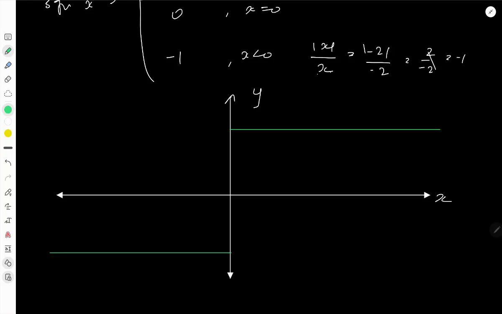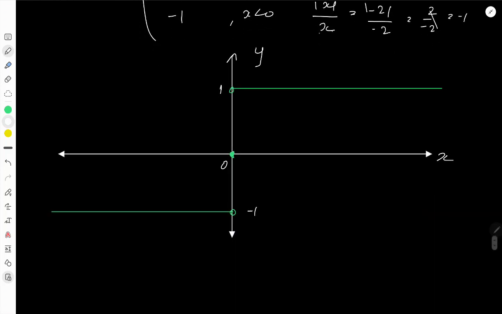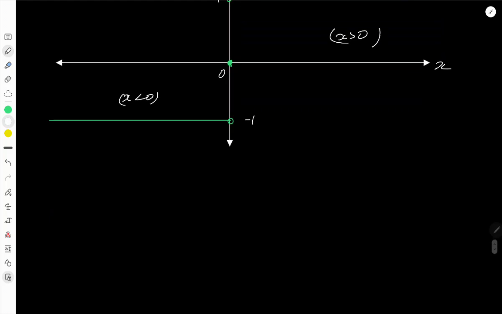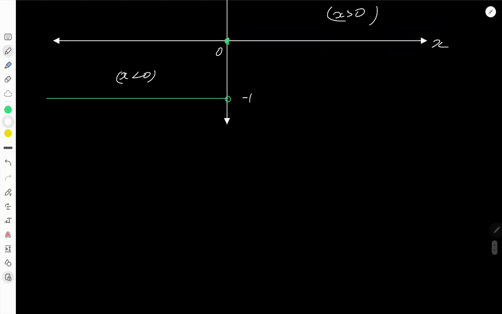Both of them are hollow because at 0, I'll make it dark, at 0 the function signum of x is 0, and at all the positive values, x greater than 0, signum of x is 1, and for x less than 0, signum of x is minus 1.